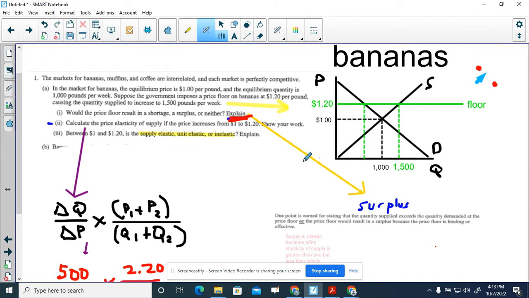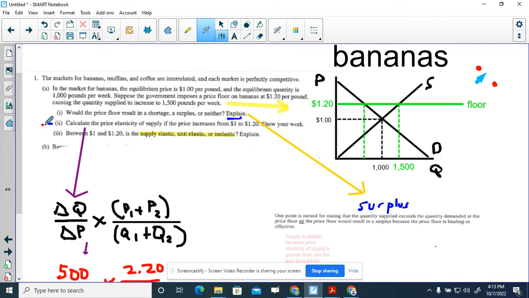The reason they asked you to explain is because there are only three possible answers, and when there are only three, four, or five possible answers, they don't want to think you just guessed the right answer. So there is a surplus here because the quantity supplied exceeds the quantity demanded at the price floor. That's it. As long as you say, due to the price floor, quantity supplied exceeds quantity demanded, therefore there's a surplus, you are in great shape on A1.